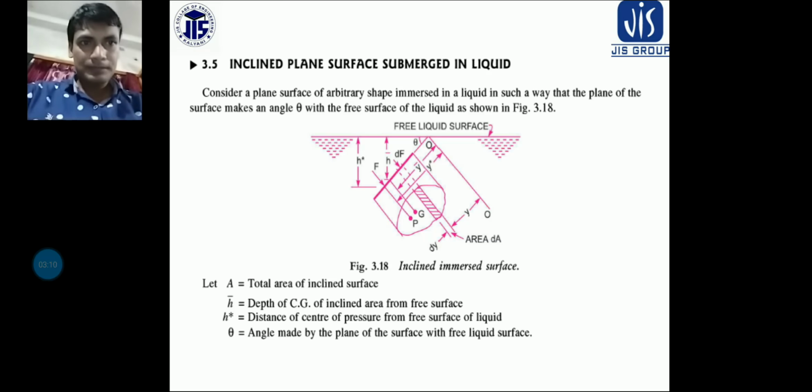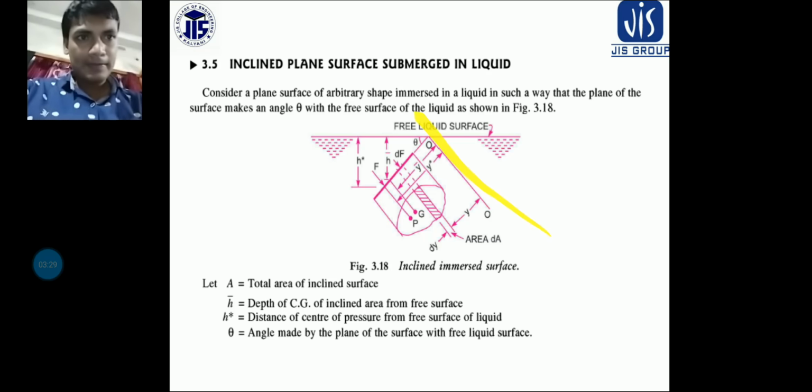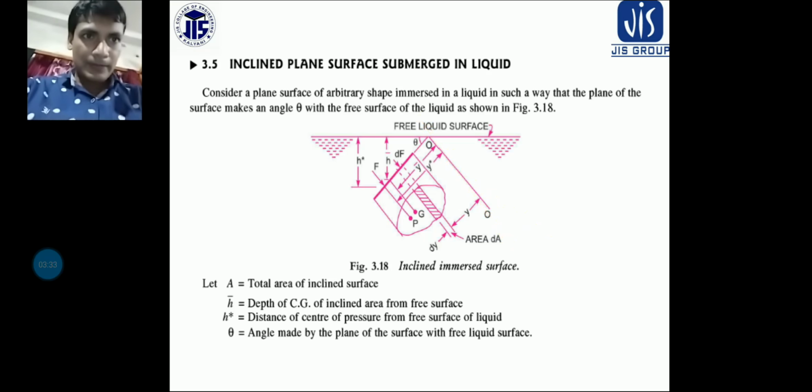From this we have taken a line at 90 degrees, a normal line OO.